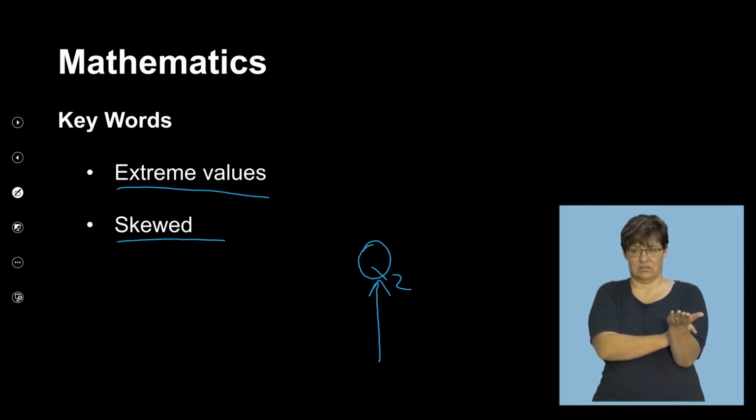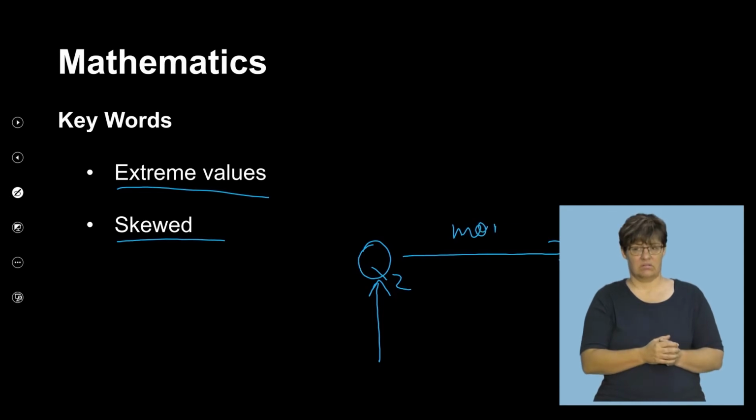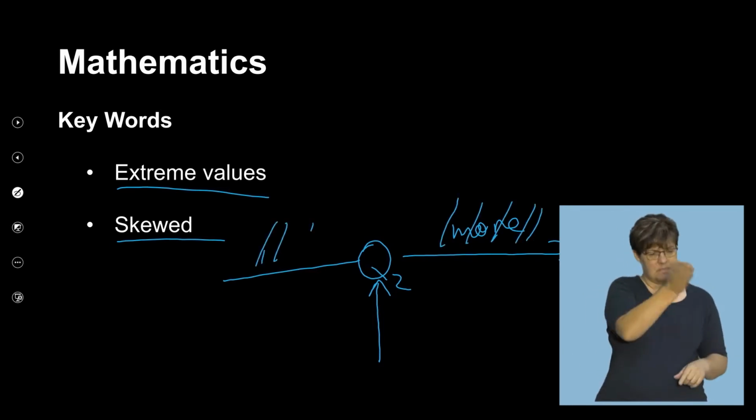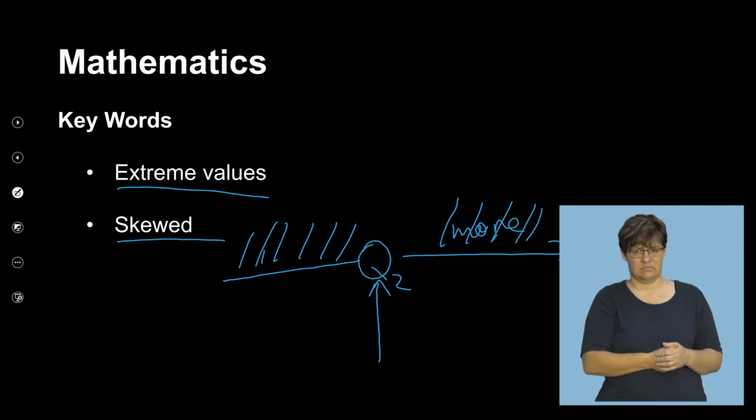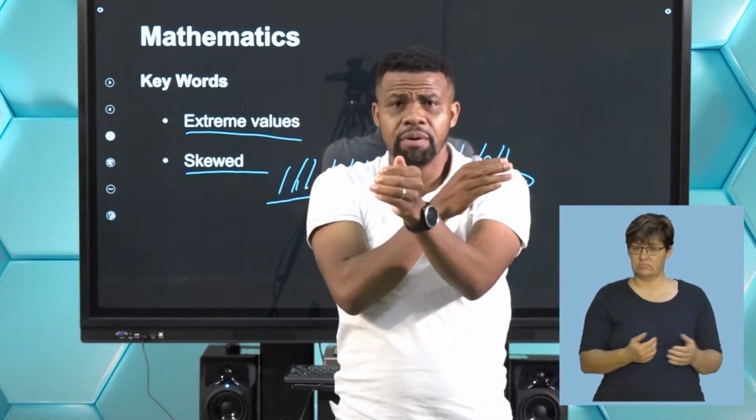So more of your data can be this side, and let's say equal actually. So this side of the data is the same as this side. That will be symmetrical, because there's the median, this side is the same as this side. It's symmetrical.